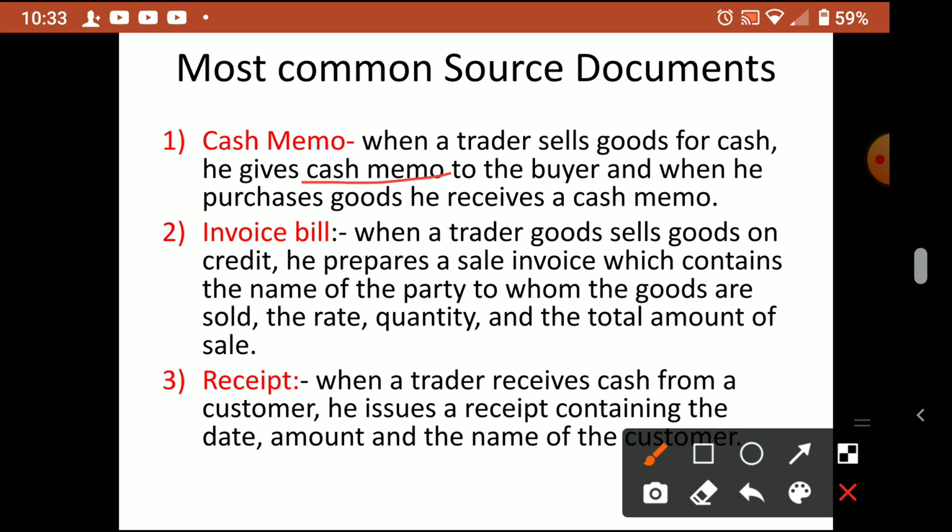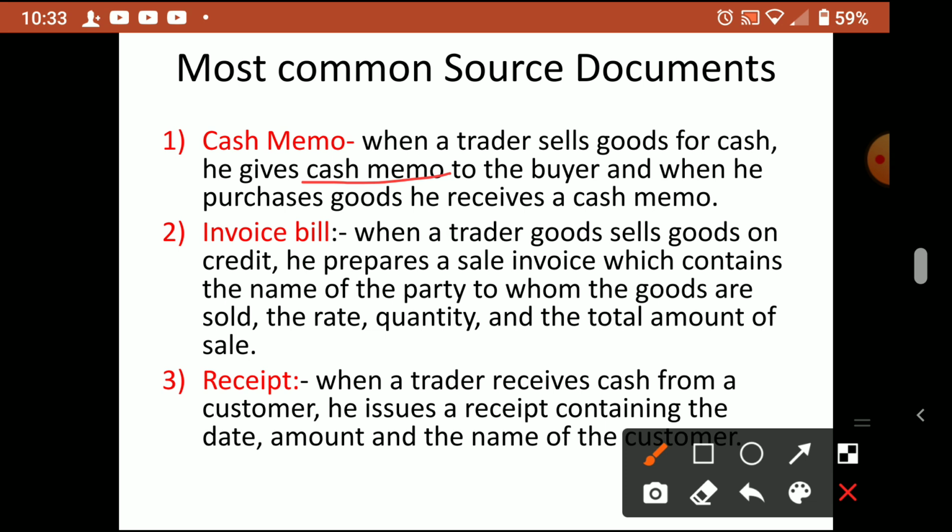If a seller is selling goods, he gives a cash memo to the buyer. If he purchases goods, he gets the cash memo from somebody else. So cash memo is for cash transactions. Then next is the invoice bill. The best example is purchasing goods online. When you make an online purchase with cash on delivery, it is actually a credit transaction.